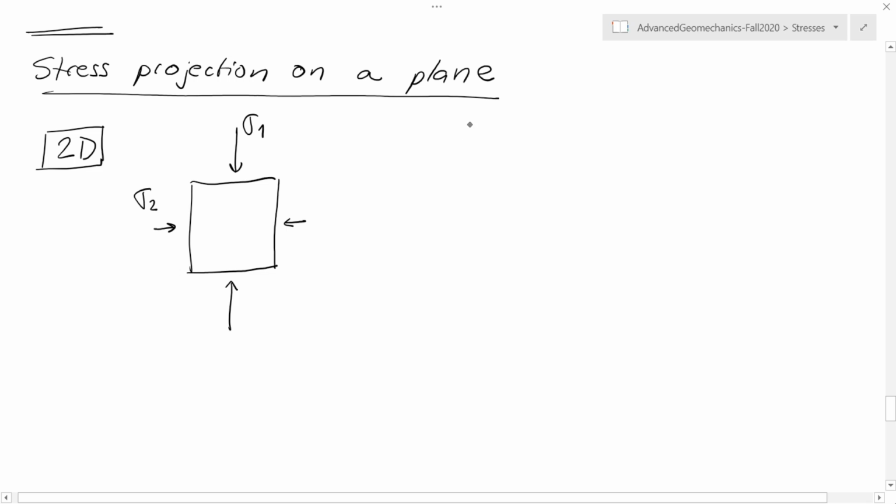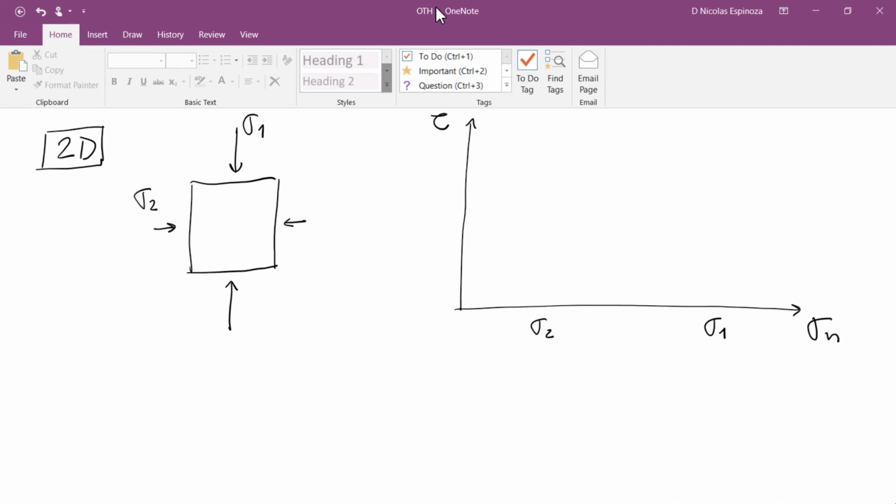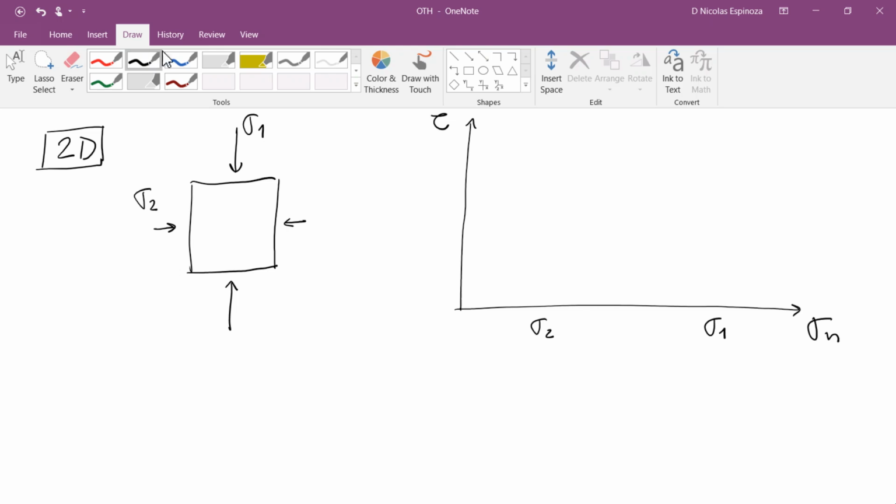If we take this to the Mohr circle, this is going to look something like this: normal stress, shear stress, and here I'm going to put sigma 1 and sigma 2. Let me use colors to make it a little bit more interactive.